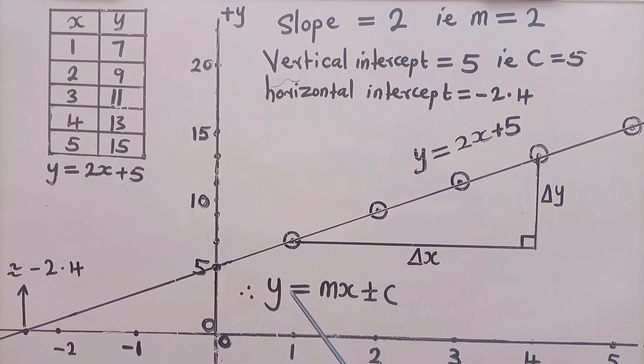Therefore, the equation of a straight line on any Cartesian space is given as y is equal to mx plus or minus c, where m stands for the slope and c stands for the intercept. Don't forget that this is subject to verification, but we're almost sure that this is not going to be a coincidence. Let us try and see whether this formula is correct or not.